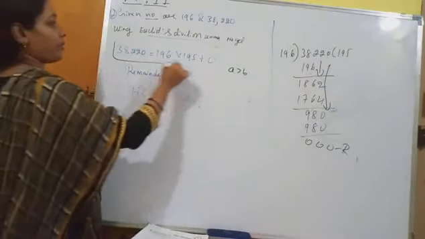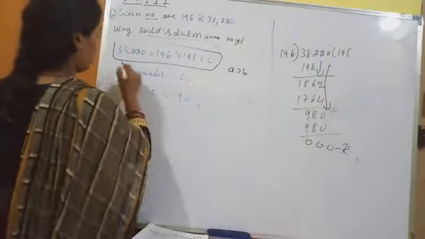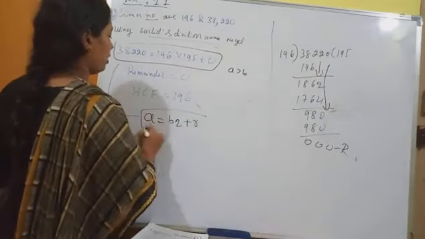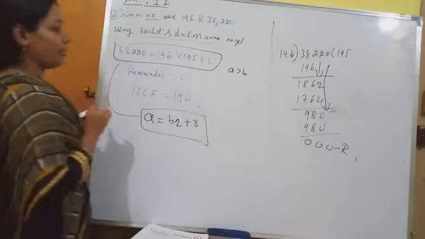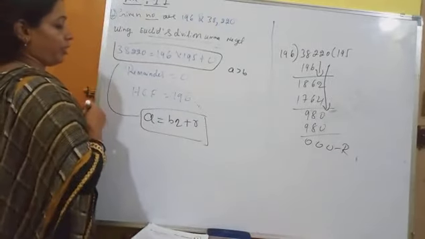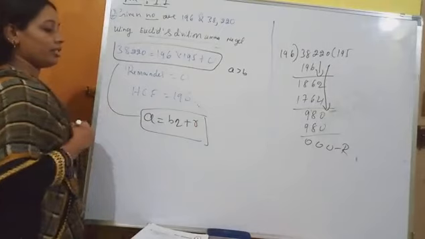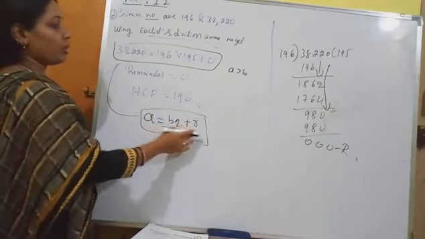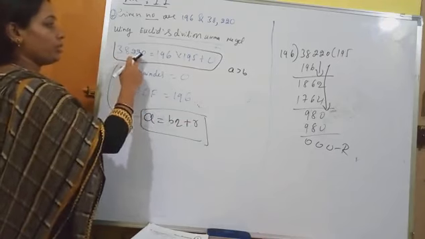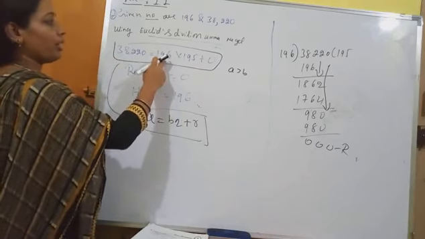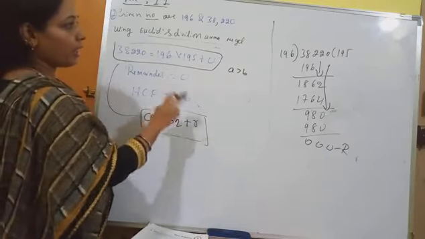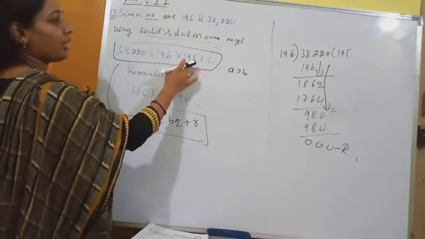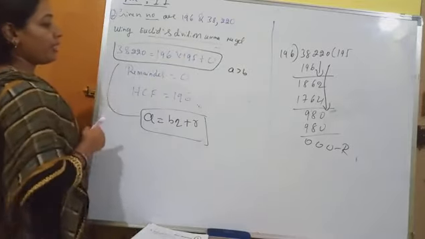So we can express this in the form A is equal to BQ plus R, Euclid's division lemma. For any two positive integers there exist unique integers Q and R. 38,220 is equal to 196 into 195 plus 0. 196 is the divisor, 195 is the quotient, and 0 will be the remainder.